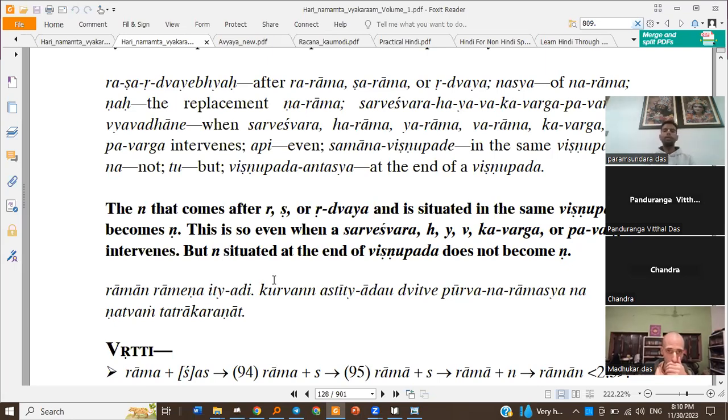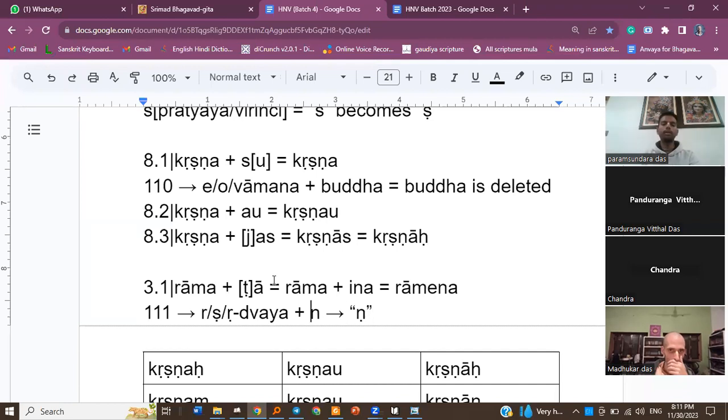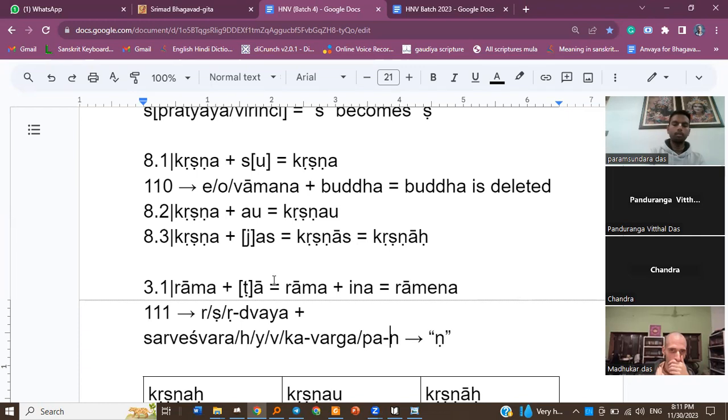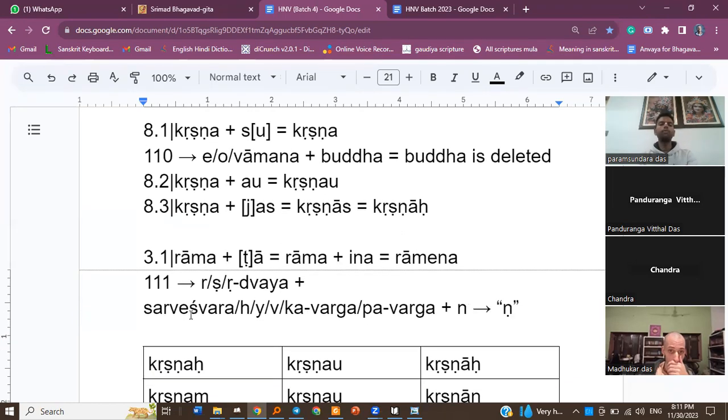So even if we have these interventions in between Na Rama and Rasha Ridvya, then also Na will turn into Na. So what are those interventions? Either Sarveshwara, Ha, Ya, Va, Ka Varga or Pa Varga.